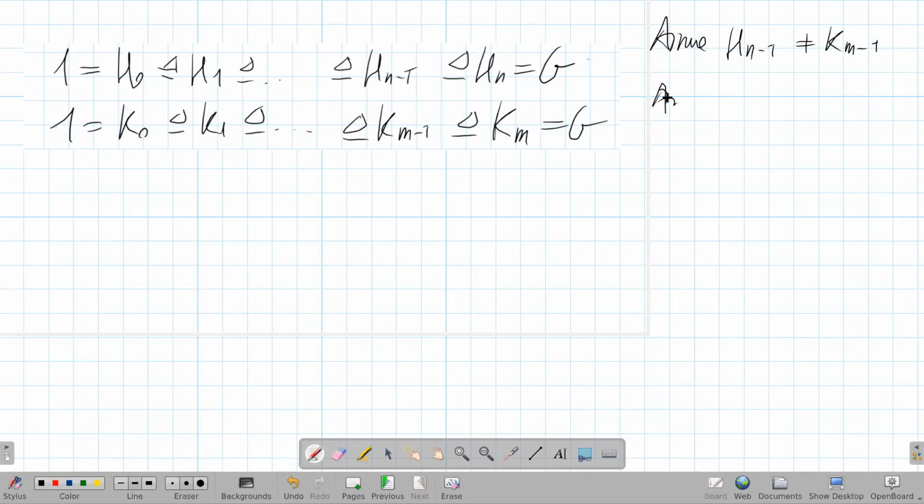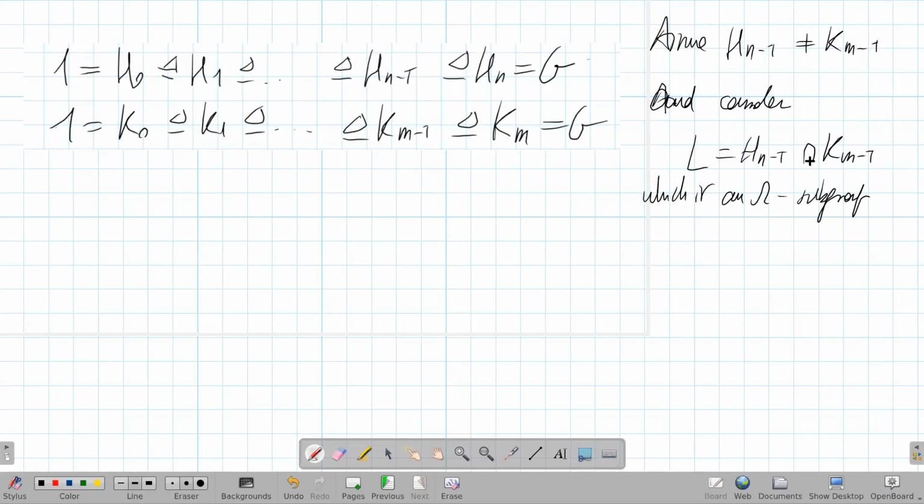Consider the intersection, which is an omega subgroup, because the intersection of two omega subgroups is an omega subgroup. Being an omega subgroup means being invariant under the action of the elements of omega. So if this is invariant and this is invariant, an element here has to be here, and under the action of omega has to be both here and here.